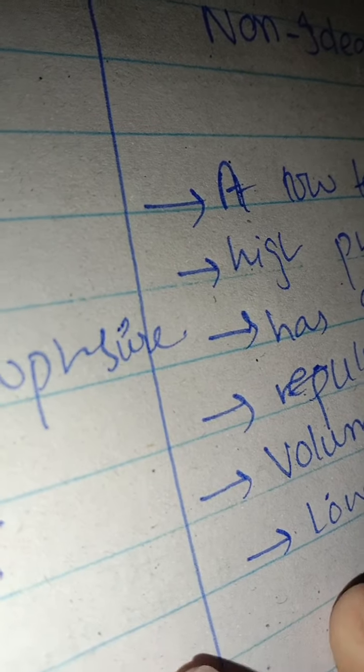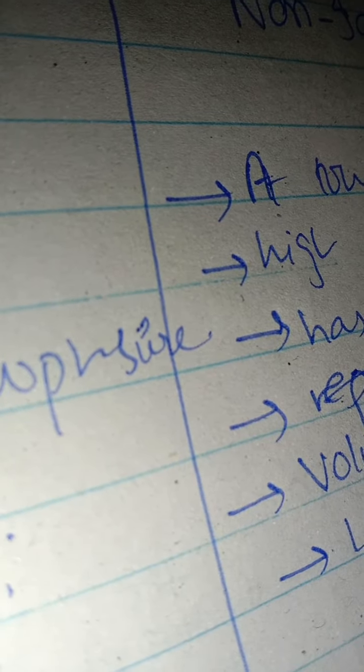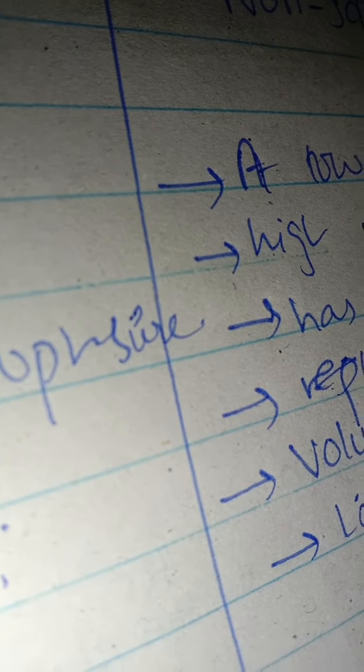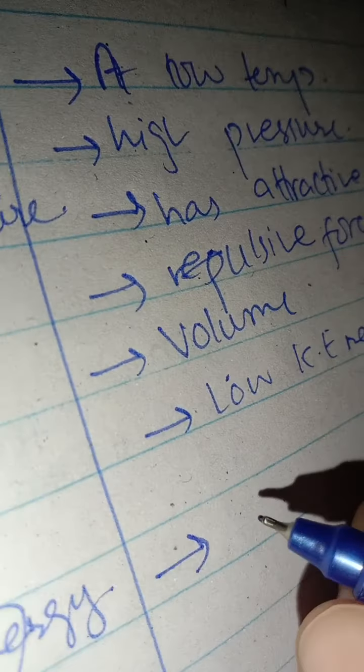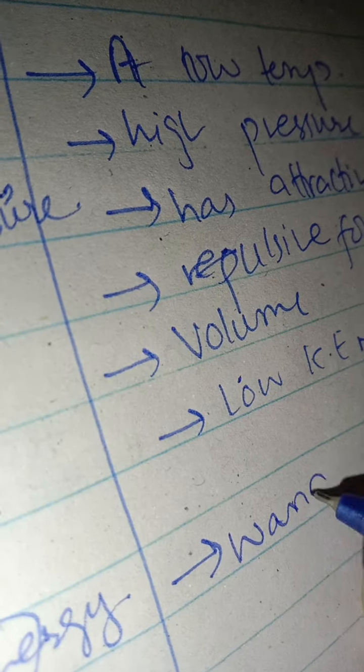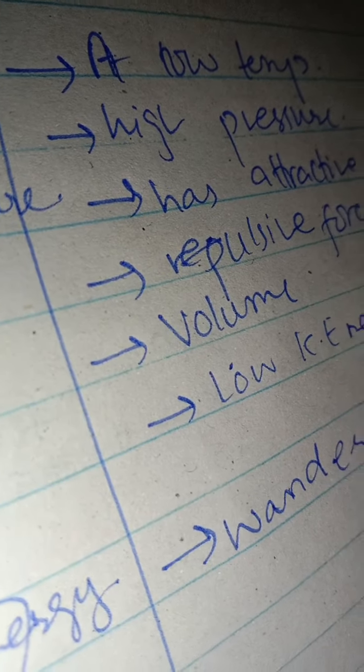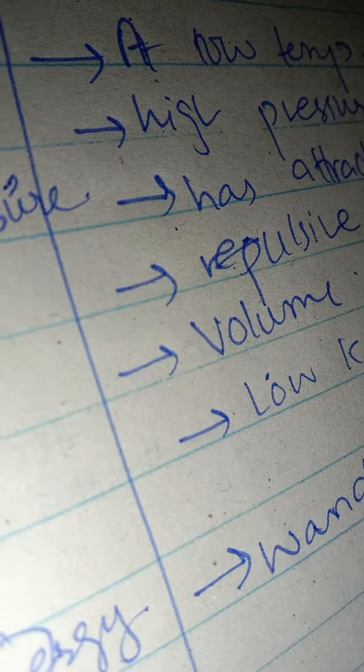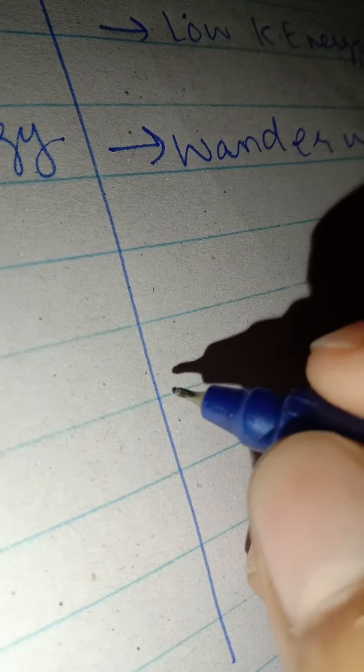These two gases are opposite to each other, and the concept of the non-ideal gas has been discussed by van der Waals. We have the theory given by van der Waals. We will discuss that a bit later.